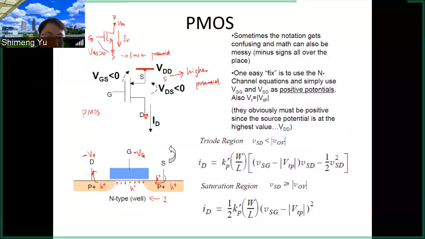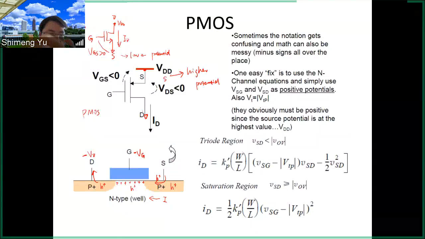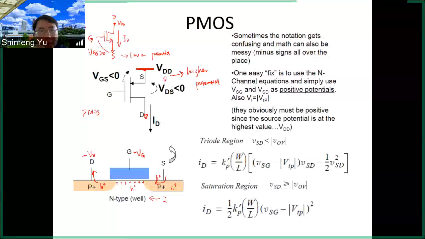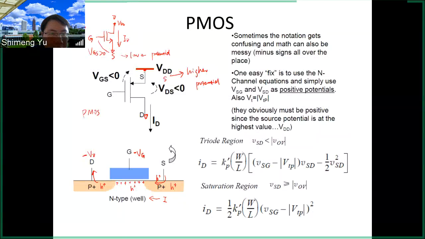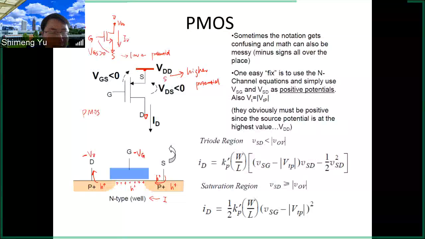The current flows from the source to the drain instead of from the drain to the source. And the VGS here will be negative. That means the gate voltage potential will be lower than the source voltage potential. So the VGS is a negative number.